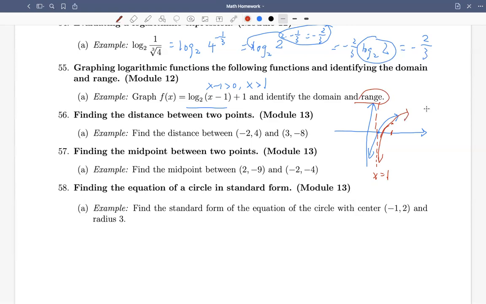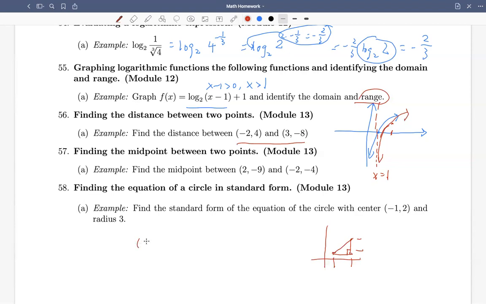Let's say 56. We want to find the distance between those 2 points. Remember the picture? The distance between those two is the hypotenuse of a right triangle. That's the difference in x value, the difference in y value, then square both, then we get the hypotenuse squared. So it's exactly like that.